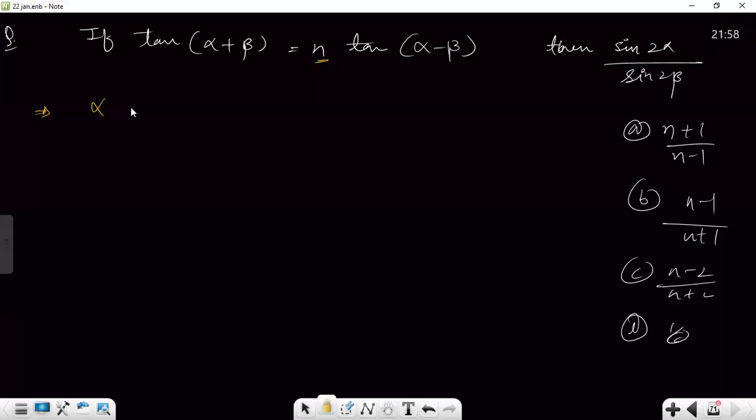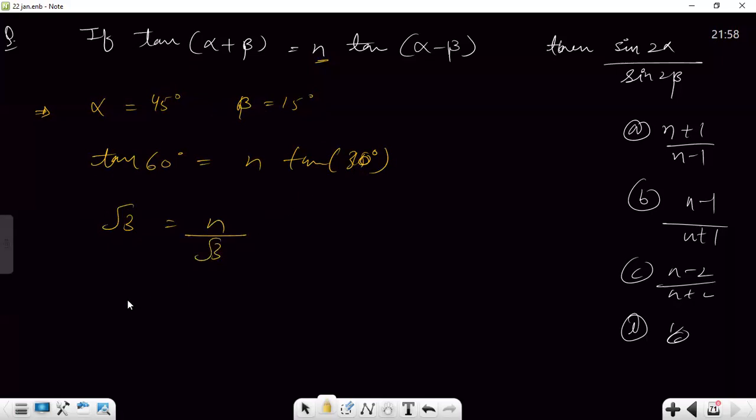Assuming alpha as 45 degrees and beta as 15 degrees, tan of alpha plus beta, which is 60 degrees, equals n into tan of alpha minus beta, 45 minus 15, that is 30 degrees. Tan of 60 is root 3, and tan of 30 is 1 by root 3. If we cross multiply, n comes out as root 3 into root 3, which is 3. So n is 3 here.